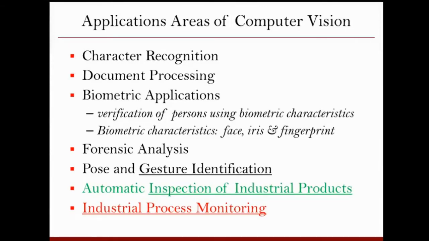Some of the applications where we use computer vision, I've just listed a few of them, but there are so many: character recognition, document processing, biometric applications where you do face recognition, fingerprint recognition, forensic analysis, pose and gesture recognition, automatic inspection of industrial products, automation, industrial process monitoring.